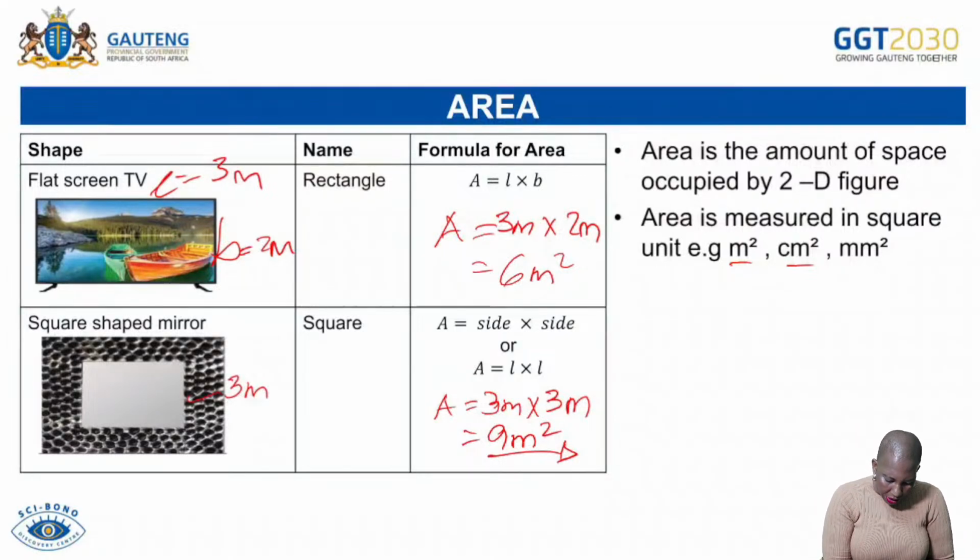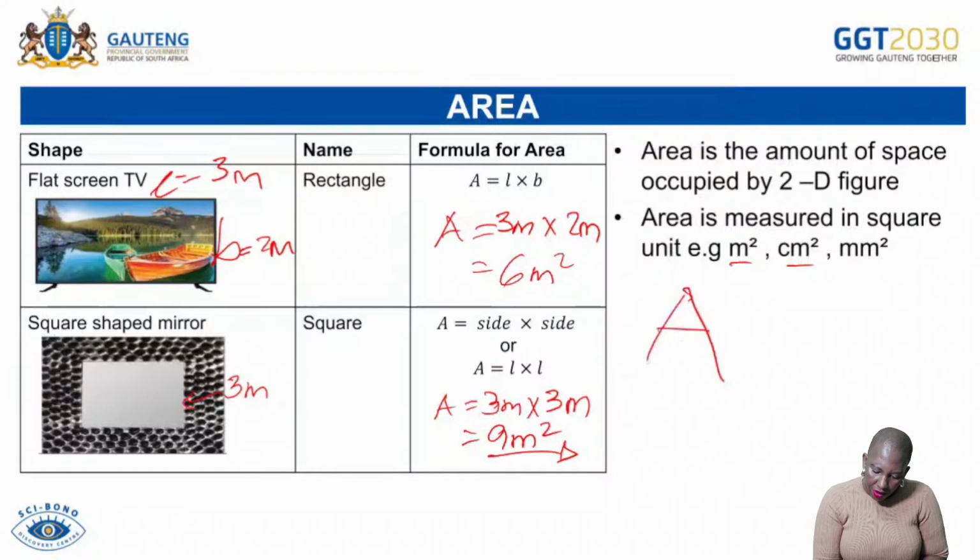Remember here we are focusing on the inner part, or we are focusing on the mirror. The unit is a square. And if we check area, when you write area, how many points we have? 2. That is why we are having a unit of square. And then with perimeter, it's only 1 leg.